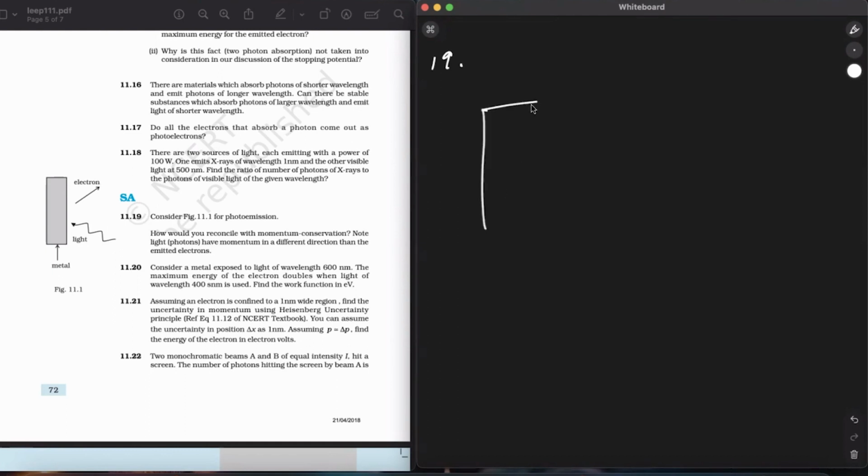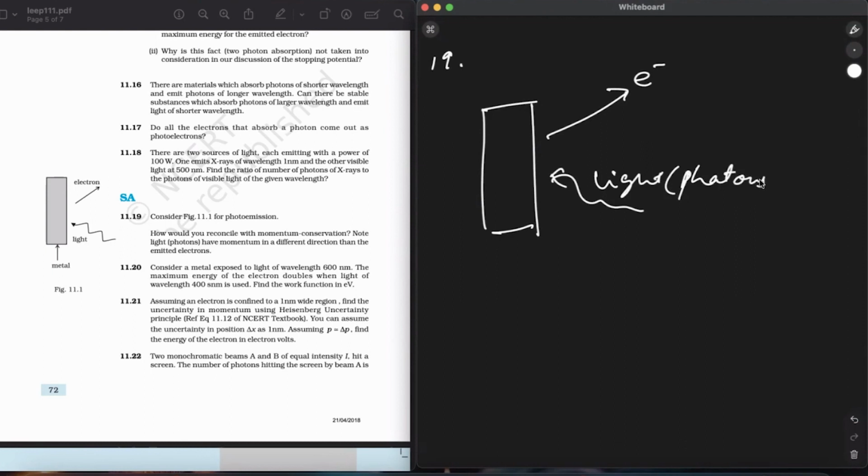This is the way light is coming over it, and this is the way the electron is moving out of this. So the momentum of the incident photon is transferred to the metal during this photoelectric emission. The momentum P of the photon has been transferred to this metallic sheet.